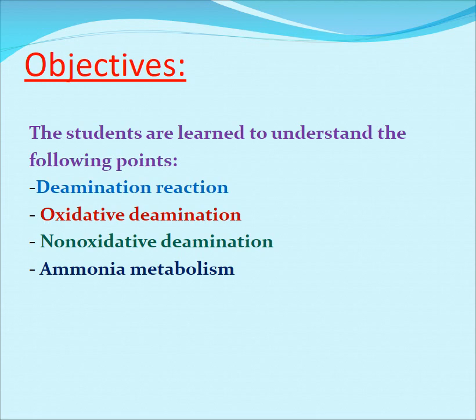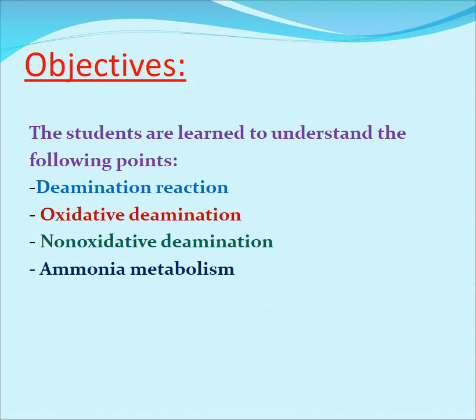This amino acid pool is used for various purposes, sometimes for synthesis of structural proteins or different proteins, sometimes for synthesis of specialized products such as purines, pyrimidines, creatine and others, and sometimes we use this amino acid pool to gain energy, and here we need the catabolic pathway.